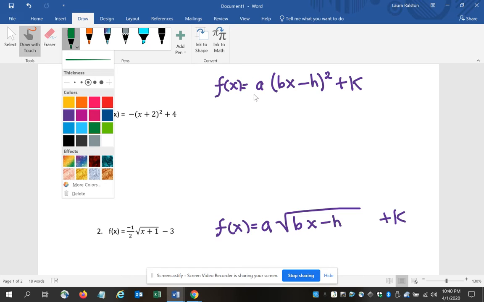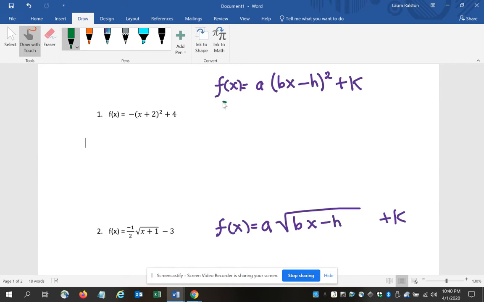If you'll remember, the letter A really tells us 2 things. If we look at the sign of A, that tells us whether or not there is a reflection on the x-axis. If A is negative, there is a reflection on the x-axis.